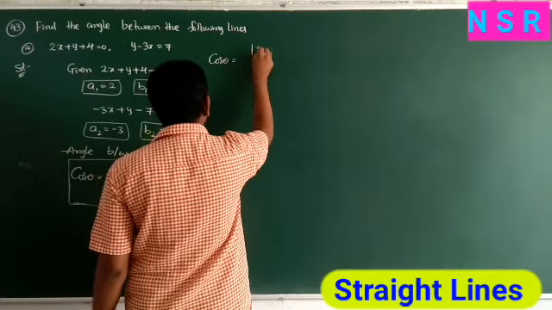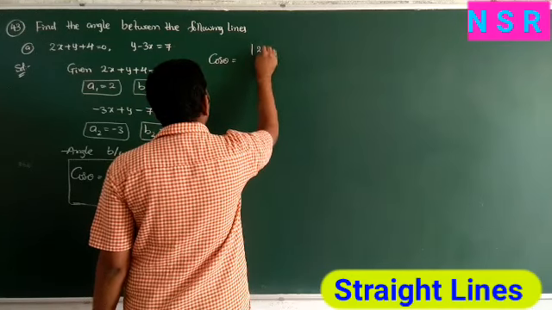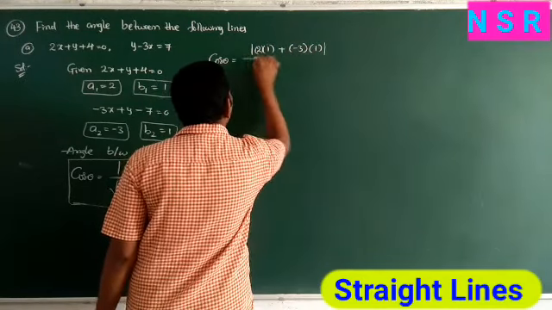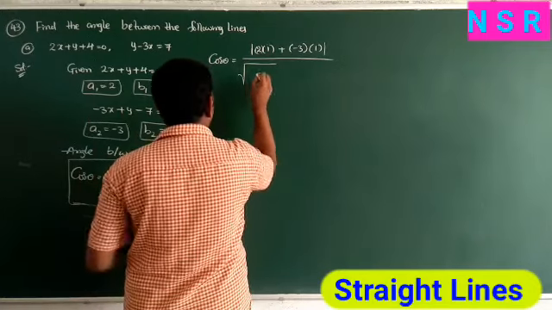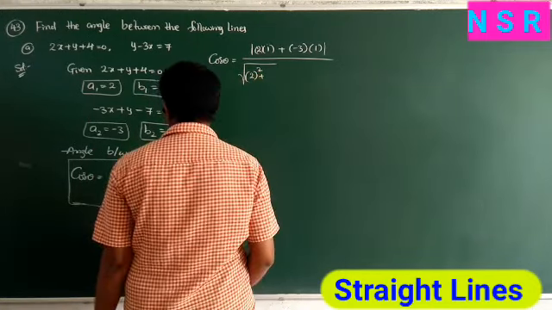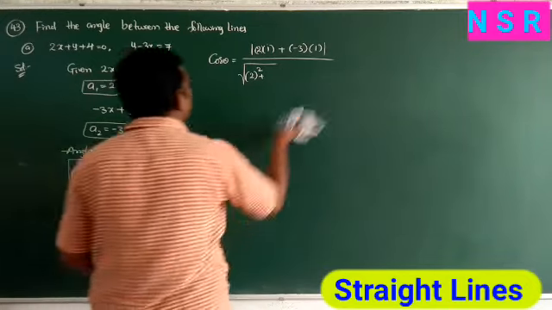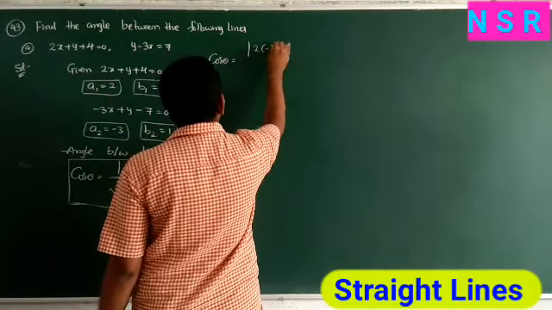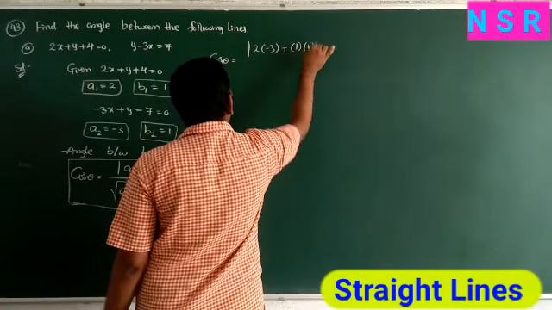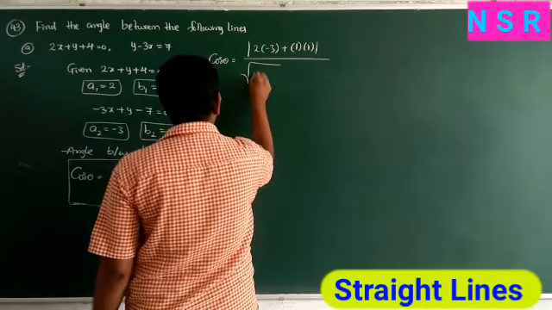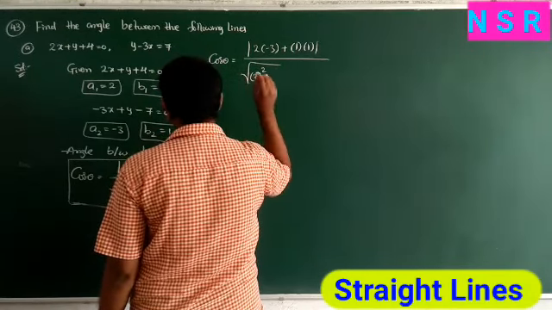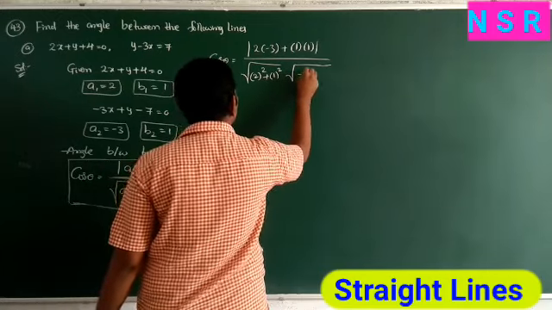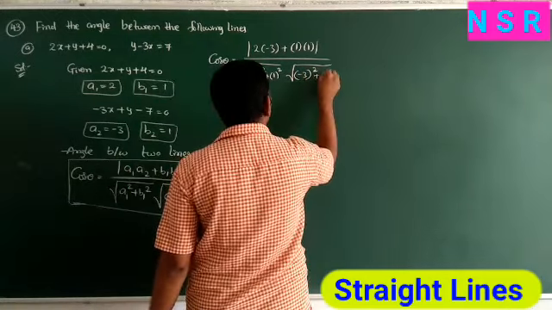So here a1 value 2 and b1 value 1. So cos theta is equal to a1a2, 2 into -3, plus b1b2, 1 into 1, by square root of a1 square 2 square plus b1 square 1 square, into square root of a2 square, -3 square, plus b2 square, 1 square.